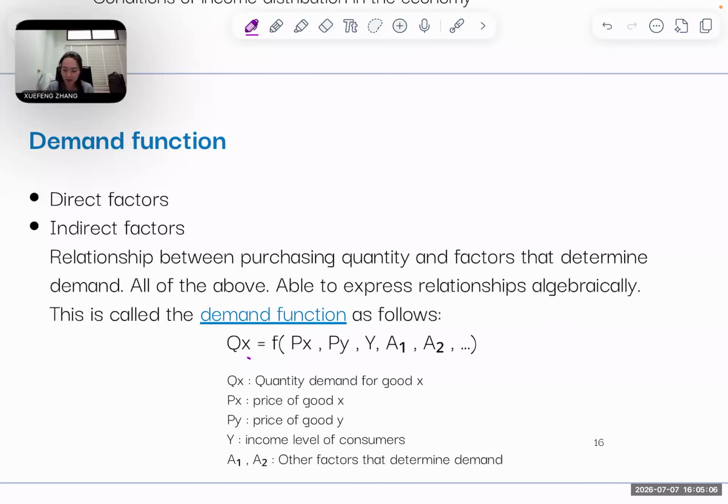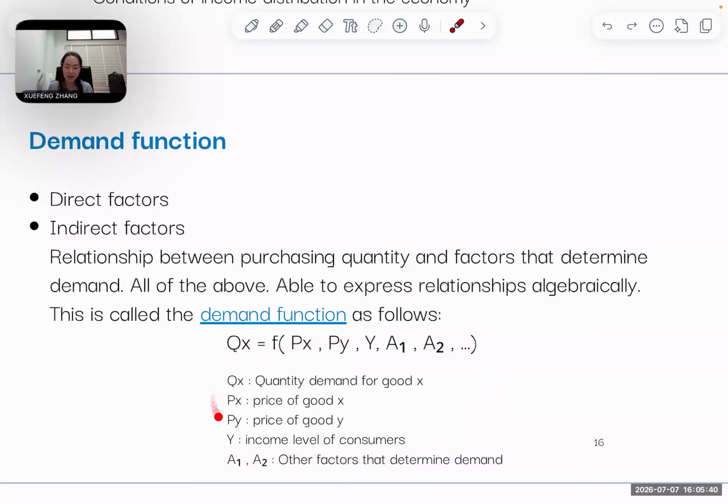Quantity demanded for good X depends on the price of X itself, the price of related goods, Y, and consumers' income, capital Y, is consumers' income level, and then all other factors we listed, like the tastes, expectations, seasons, and so on.